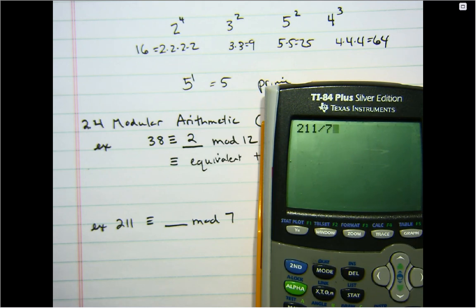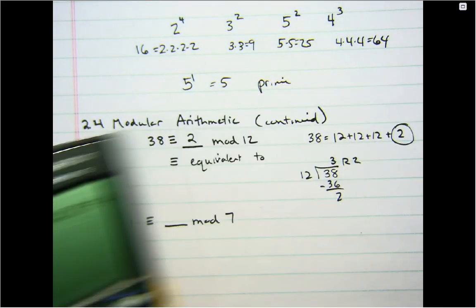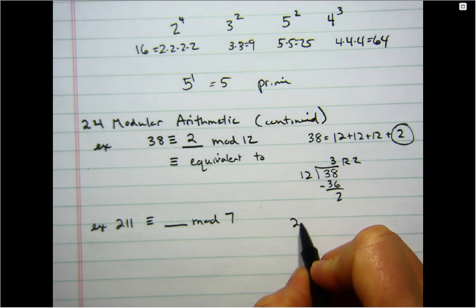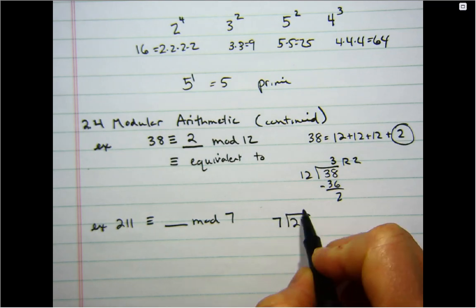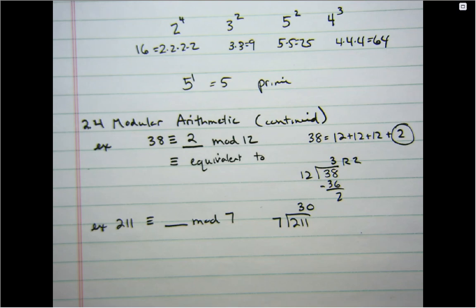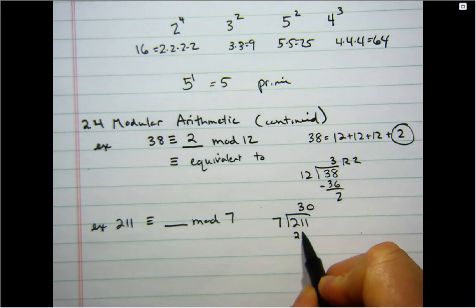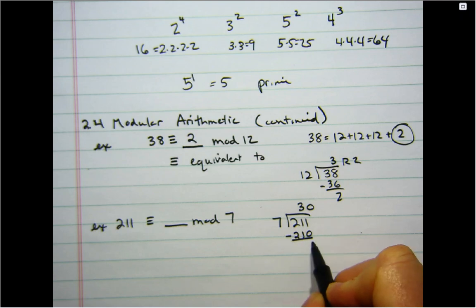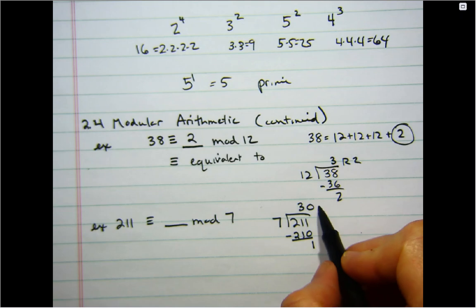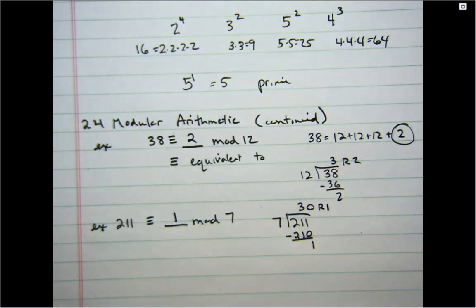You take 211 divided by 7 and get 30.1423, and that tells you that you can take out 30 multiples of 7. 30 times 7 is 210. When you subtract the 210 from the 211, you get 1, so the remainder is 1. So 211 is equivalent to 1 mod 7.